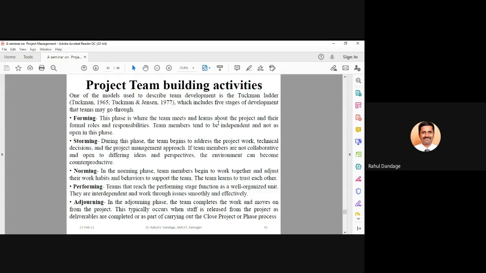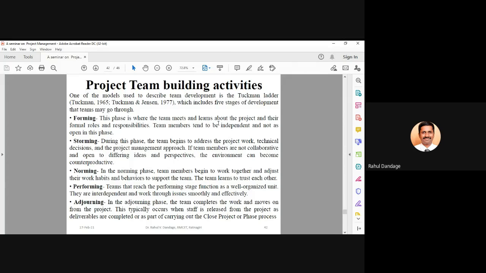They will be more independent. They will just be meeting the project team members and focusing on the learning phase: learning about the project, their roles and responsibilities, the outcomes of the project, etc.